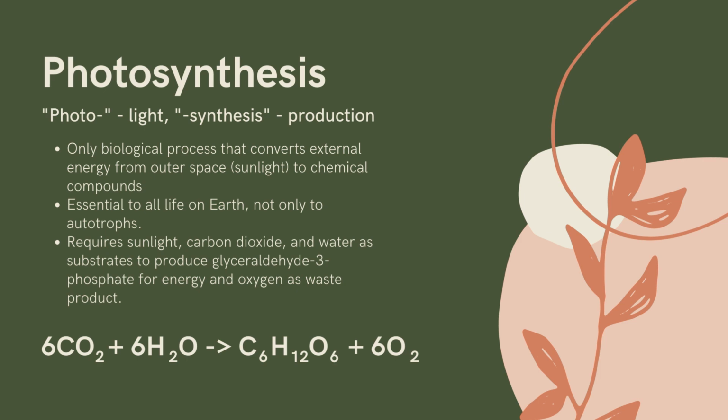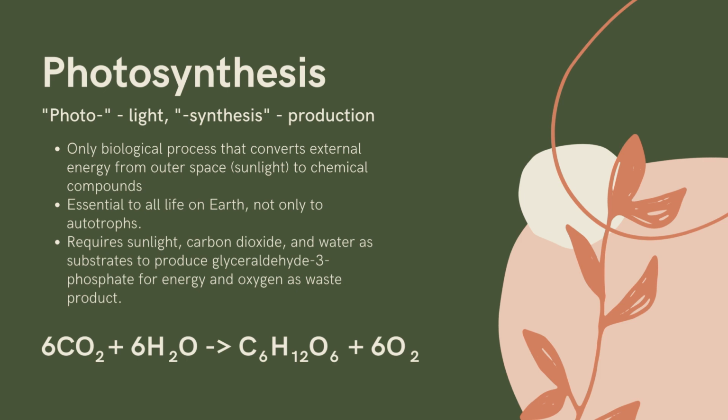So from the word itself, it means production using a light source. Photosynthesis is the only biological process that converts external energy from outer space, which is sunlight, to chemical compounds.